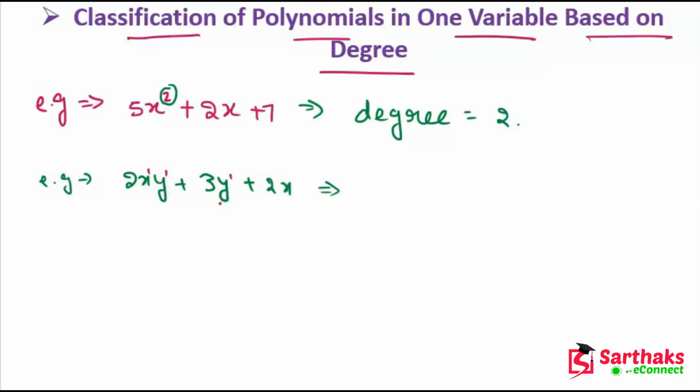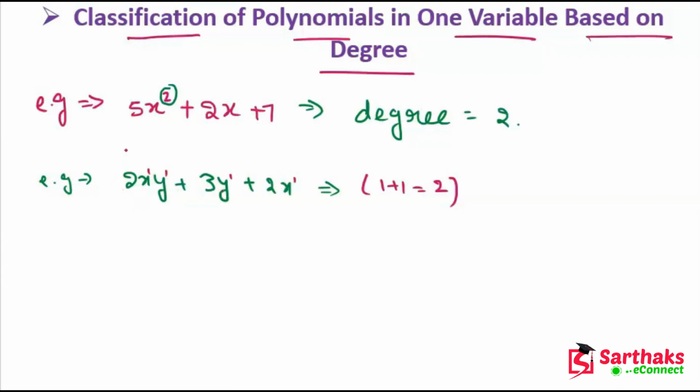So the highest degree we can calculate by the sum of the powers of variables x and y. This is 1 plus 1, which equals 2. So the degree is 2.